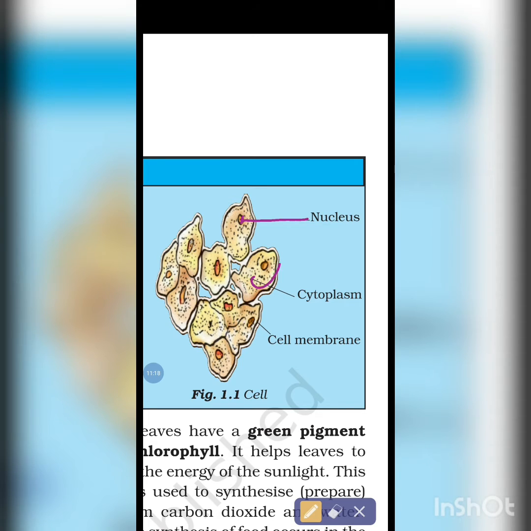This yellow portion is cytoplasm. And what is the cell membrane? The cell membrane is a thin outer covering. This black line you are seeing is known as the cell membrane.